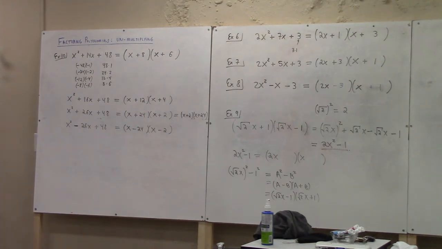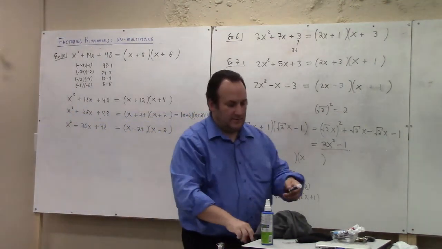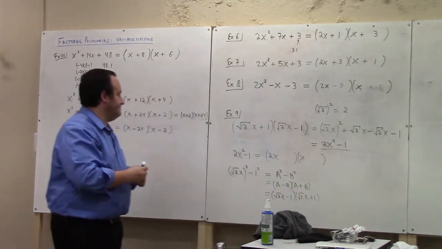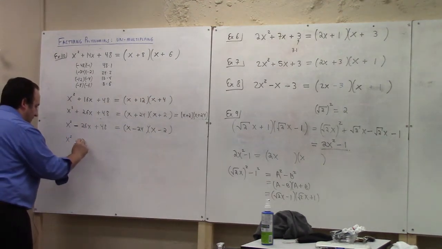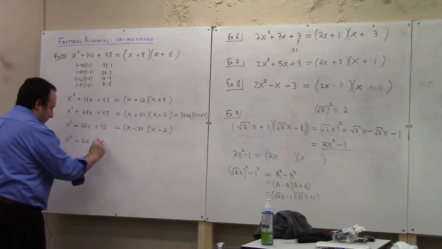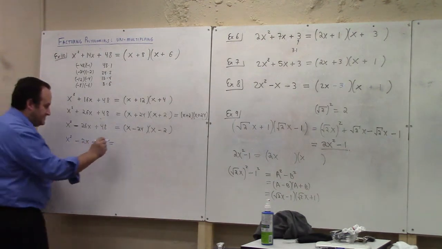What happens when the constant coefficient is negative? Then the game changes a little bit, right? Like, what if I've got x squared minus 2x minus 48? How's that work? I'll do the easy part.